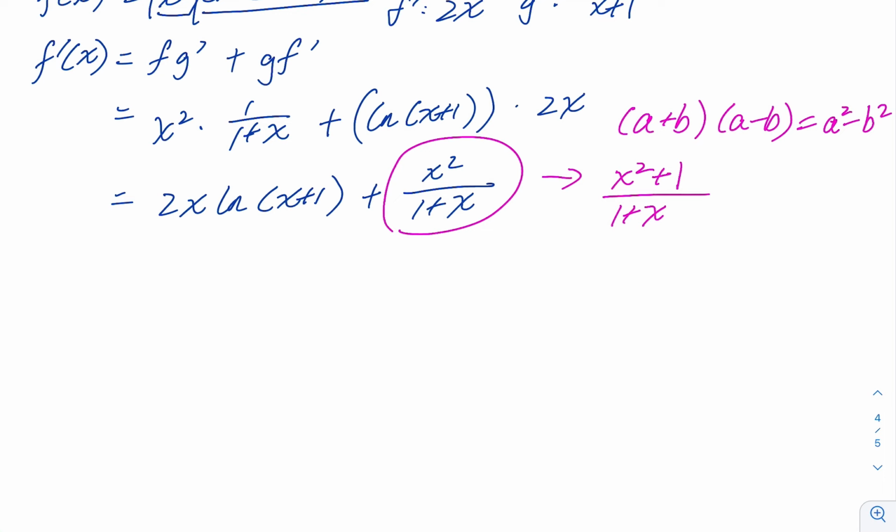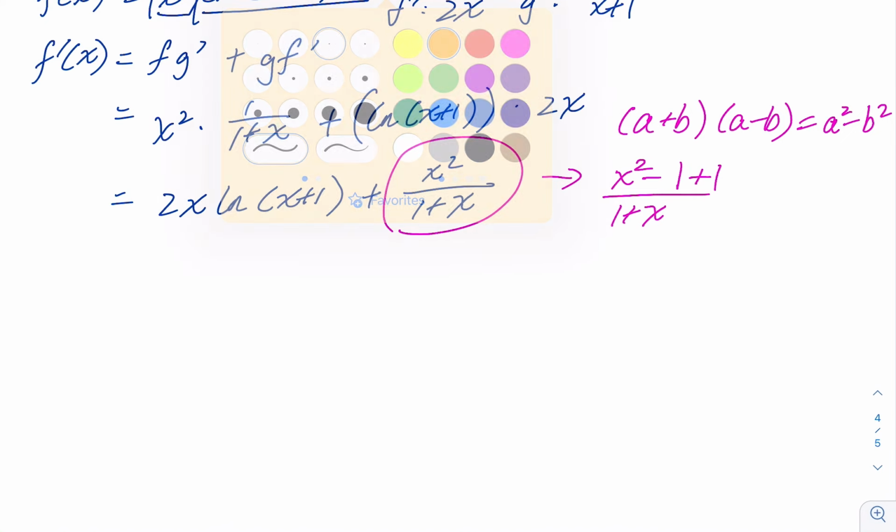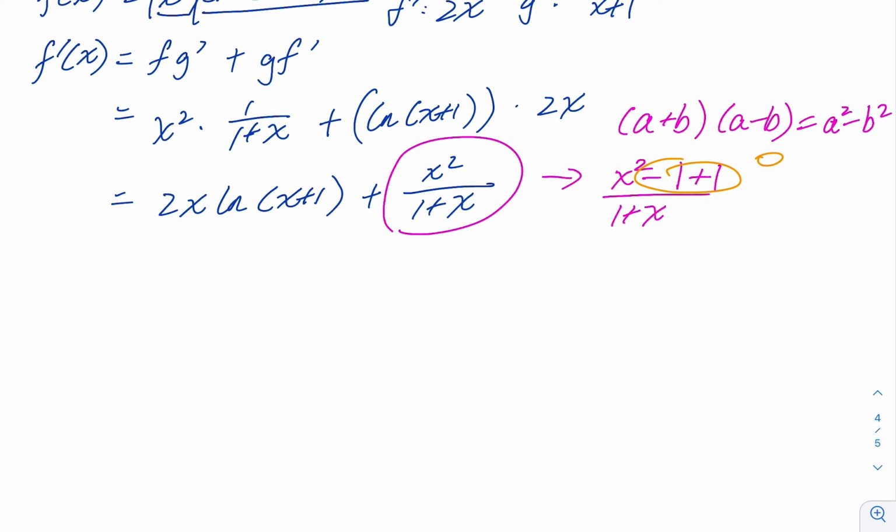We have x squared, so that will be x squared minus 1. And so, x will be the a and b will be the 1. But we minus a 1, so we need to plus a 1 back. So, if I cancel these out, those are still going to be 0, so it's okay.